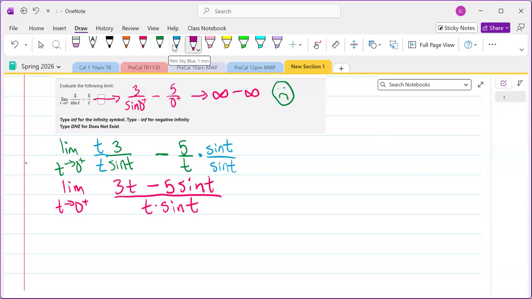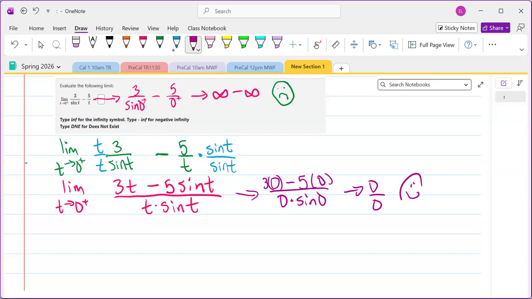So now I've got it in a fraction form. So now it's like, maybe L'Hopital's indeterminate form will work now. If I plug in my 0, I'm going to get 3 times 0 minus 5 times 0, because sine of 0 is 0, over 0 times sine of 0. So we got our indeterminate form. Now I can use L'Hopital's rule.